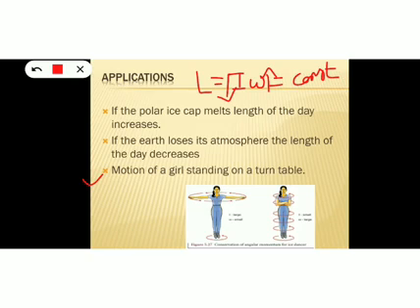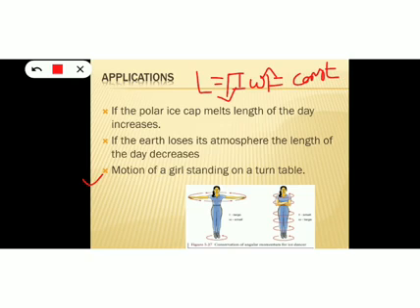So you might have noticed, if a girl is rotating with a uniform speed on a turntable, her angular momentum will be a constant, provided she rotates with uniform speed on the turntable. And when she suddenly stretches her hand, what happens? I increases. Why?